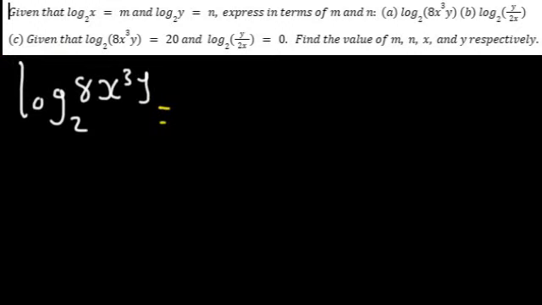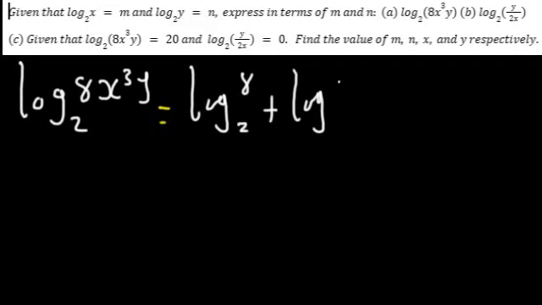To do that, we can apply the product identity of logarithms, which says that this in simplest form will be log of 8 to a base of 2 plus log of x to the power of 3 to a base of 2 plus log of y to a base of 2.